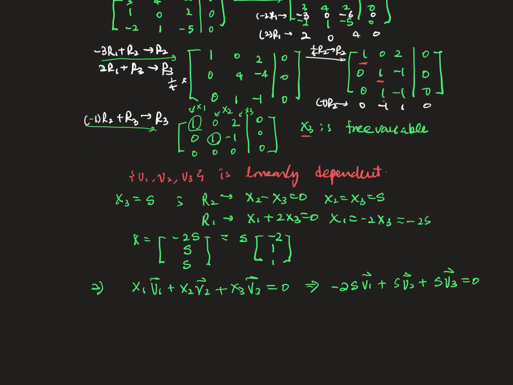So let's just solve for v3, or v1, whatever you want. Let's solve for v3. s v3 equals 2s v1 minus s v2. So v3 is going to be 2v1 minus v2. So v3 is a linear combination of v1 and v2.